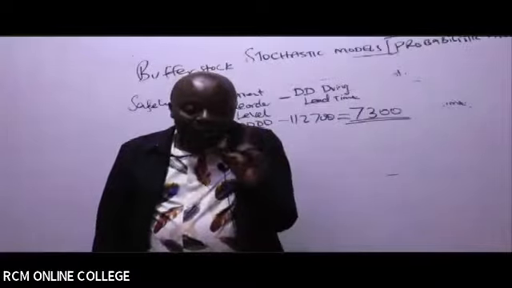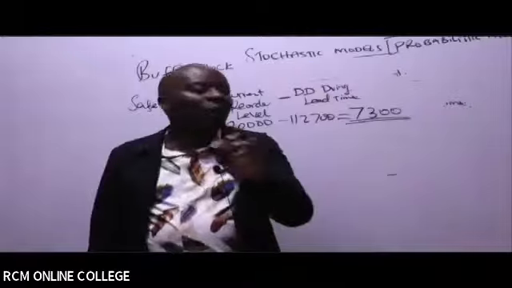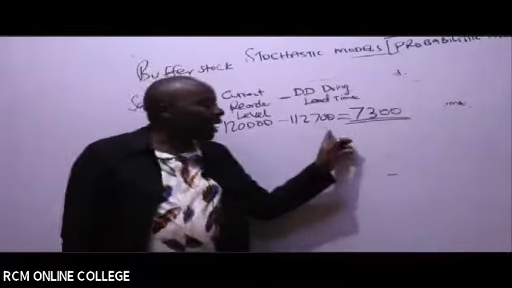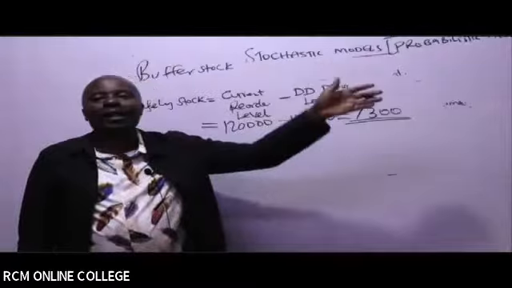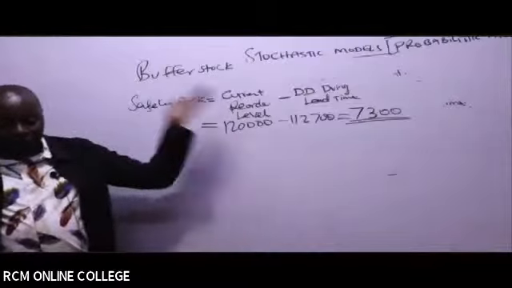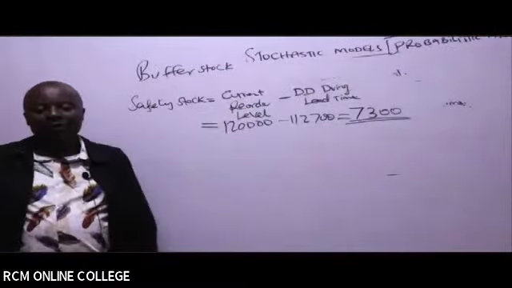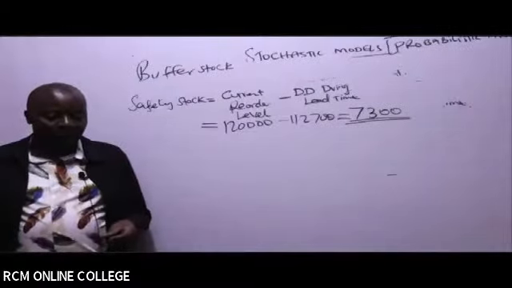During lead time, we don't intend to consume this 7,300. Our prayers are we consume our normal 112,700, and this is left for some rainy day, bad days ahead of us. So once I do another question on this, I believe everything will be very, very good.